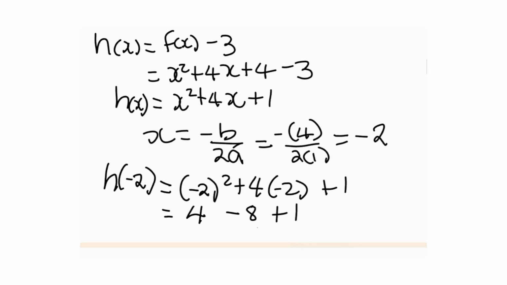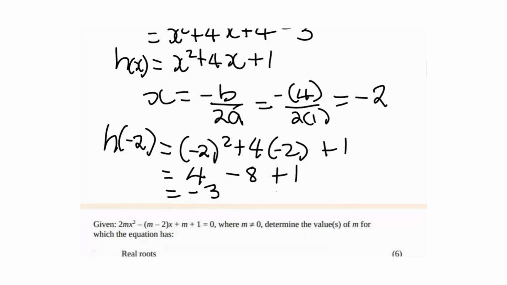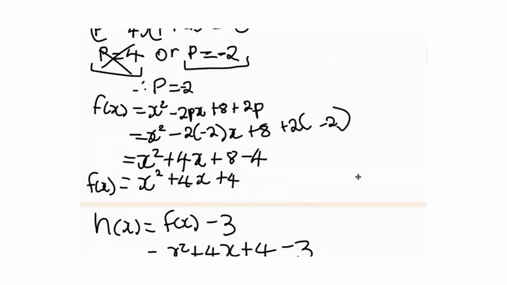So 4 plus negative 8 is negative 4. Negative 4 plus 1, I'm going to plug that into my calculator, guys. It's best not to make mistakes. So the calculator is there, let's plug it in and get the correct value. So it means our turning point is negative 2 and negative 3.